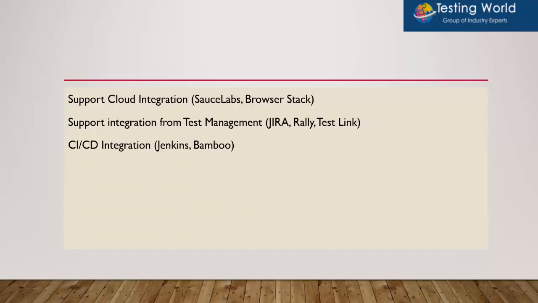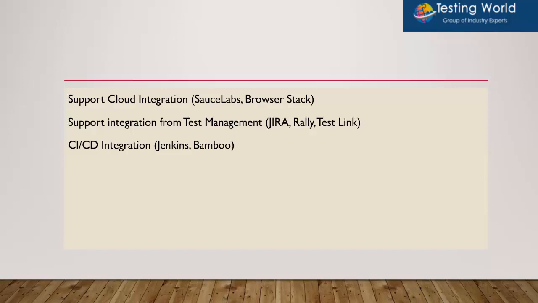There are many unique features here in Katalon Studio. One is that it supports cloud integration. As of now, I have given only two names: Sauce Labs and BrowserStack. It supports many more. So what does it mean? Take an example. You have already created a script in Katalon Studio, but you want to execute it on different browsers and different versions of the browser.